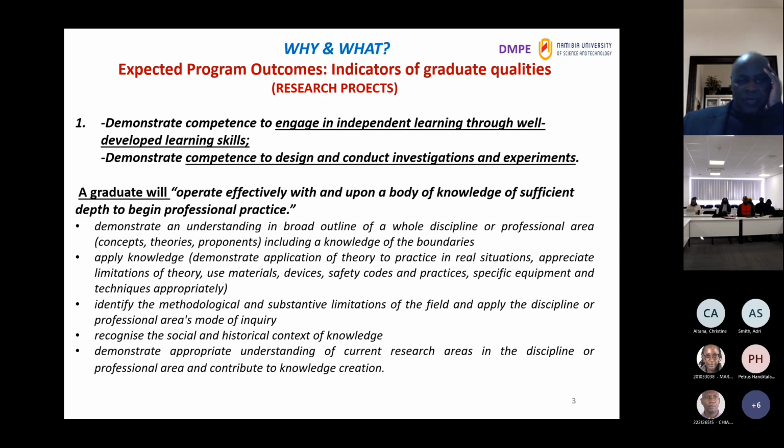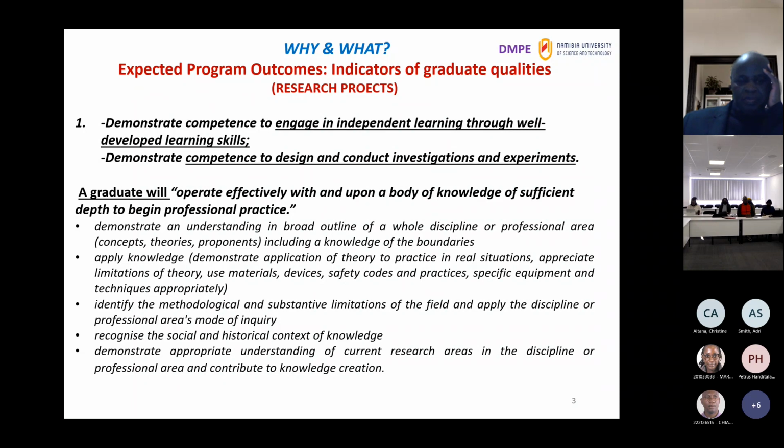But in both cases, a graduate would learn to operate effectively upon a body of knowledge of sufficient depth to begin their professional practice. And the only way you could do that is to gain some understanding through research in areas which you graduate or educate, that is in the field or the disciplinary area.